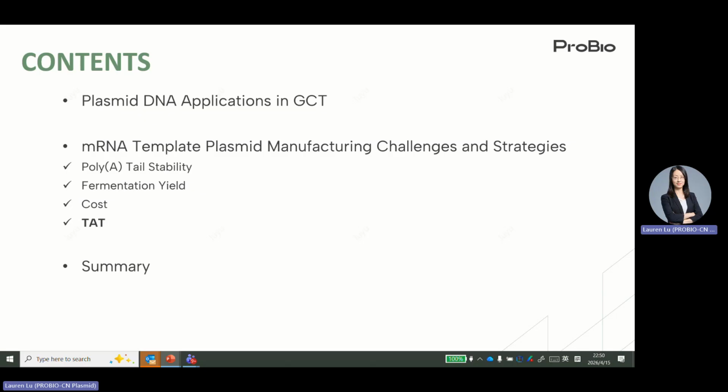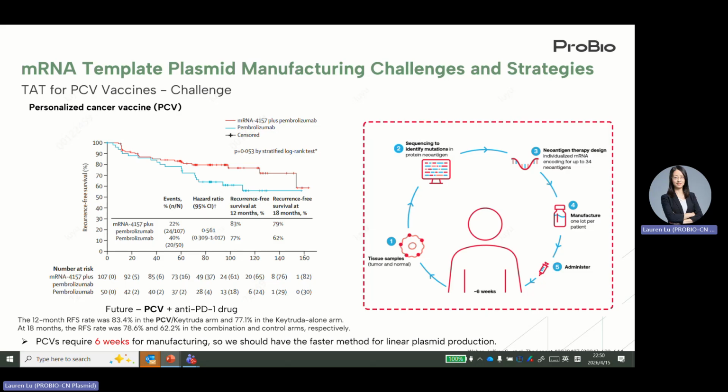And another case study I want to show here is a very different scenario that requires very fast turnaround time. And let's see how ProBio solves this problem and these challenges. So mRNA vaccine has become a promising platform for cancer immunotherapy due to its high potency, safety, rapid development potential, and cost-effective manufacturing.